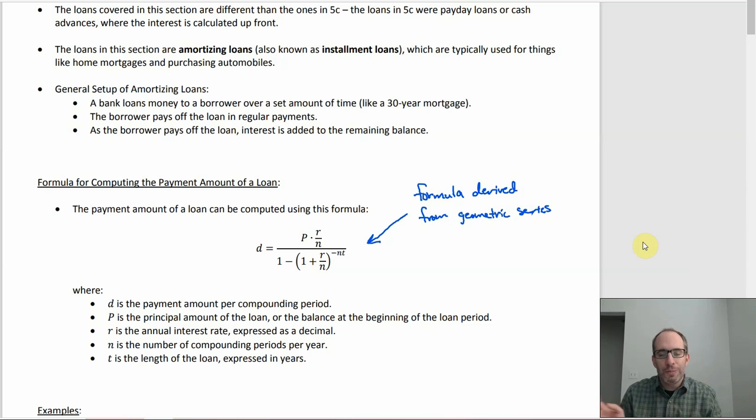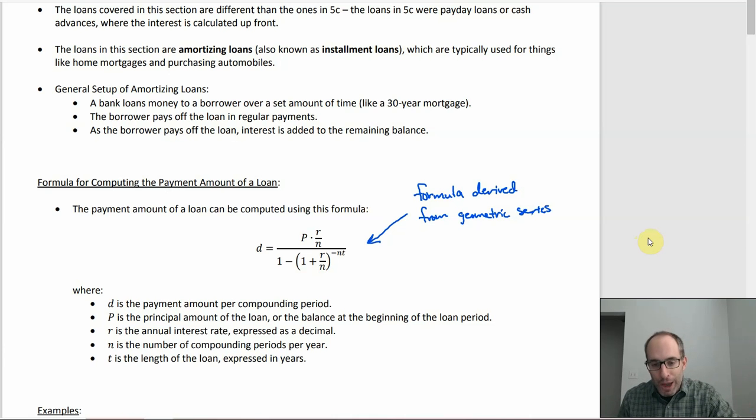The payment amount, there wasn't really a great other letter to use, so I stuck with what was there in the notes and just used the D for that. So the lowercase d is going to be the payment amount per compounding period. So I guess D for down, like you're starting to pay down the loan, right? I guess that's how we can think of what the D would stand for, if the D is going to stand for something.